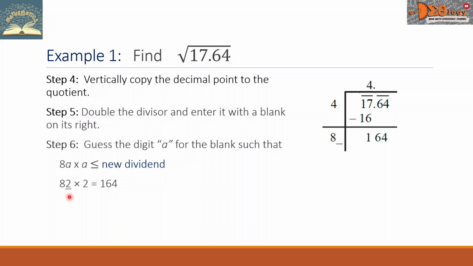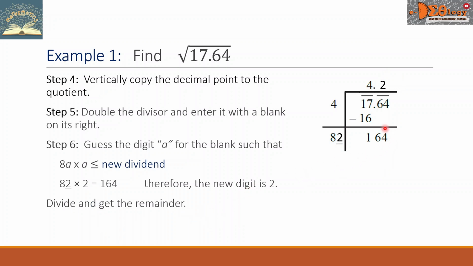We multiply 82 by 2, and the product is 164, which is equal to the new dividend. Therefore, the new digit is 2. So we write the digit 2 here, also the number 2 on top of 64. So the new quotient will be 4.2. Then we divide and get the remainder.